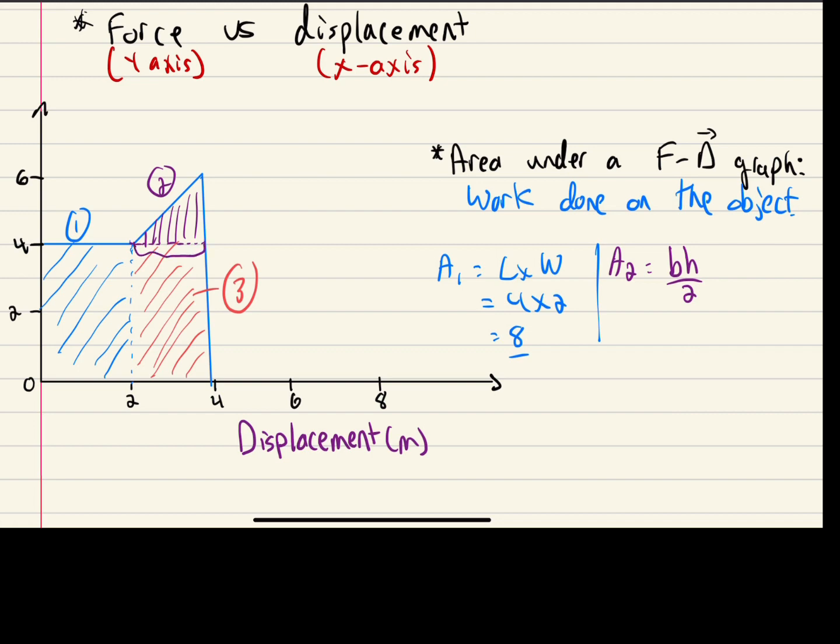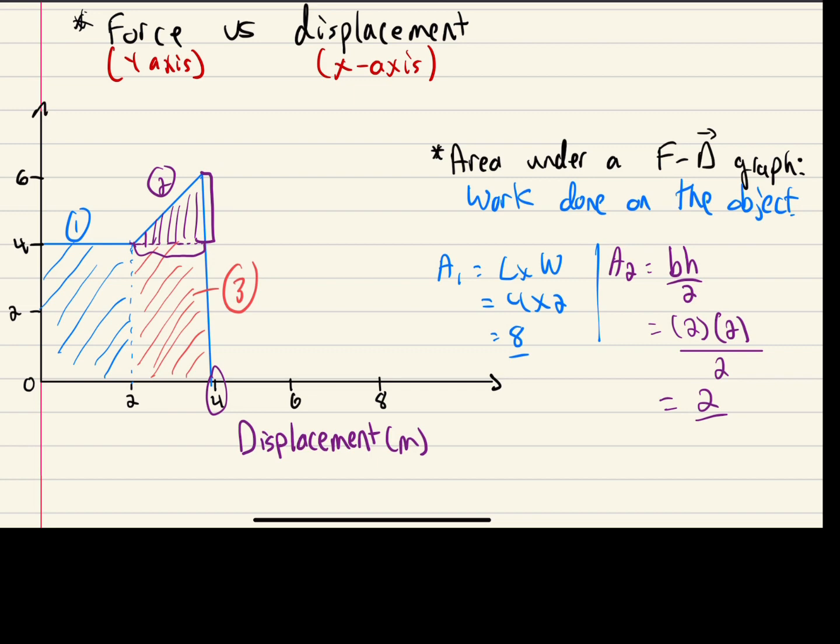Now, of course, this graph is not to scale. I can see that here. So we're just going to assume that this number over here is roughly 4. So the base goes from 2 to 4, and that's about 2. And then the height is going to be from here to here, so from 4 to 6. So that's also going to be 2. That's going to give us 4, and then we're going to divide that by 2, which gives us an area of 2.